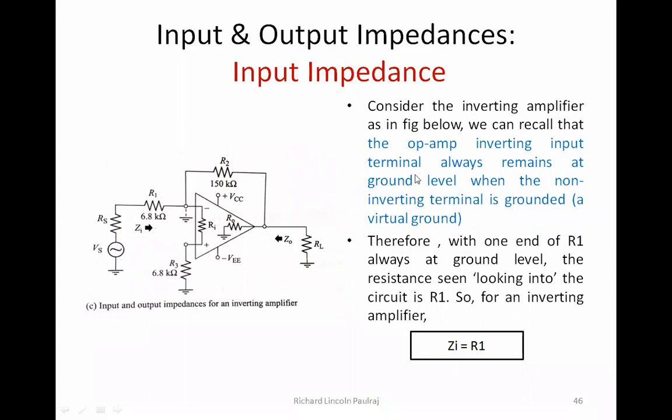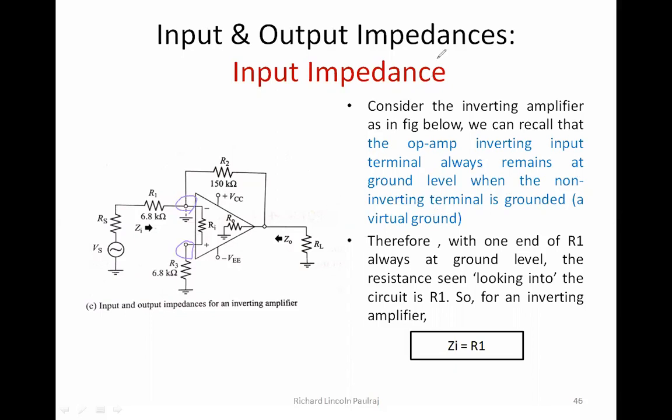Okay, consider the inverting amplifier as in the figure. We can recall that the op-amp inverting input terminal always remains at ground level when the non-inverting terminal is grounded. So whatever potential we are giving to this terminal here, the inverting terminal will also try to be at the same level, right?